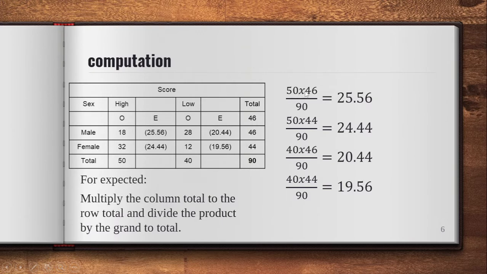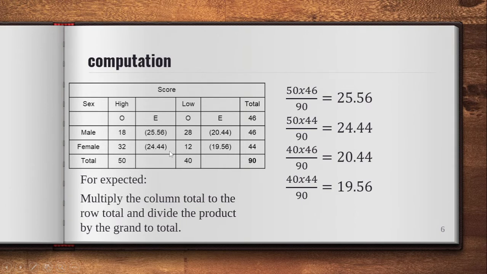So, 50 times 46 all over 90 is equal to 25.56. This is the expected frequency in male, 25.56. Now, in female, we have a total of 50 and a total of 44, so 50 times 44 all over 90 is equal to 24.44, here for high in female.